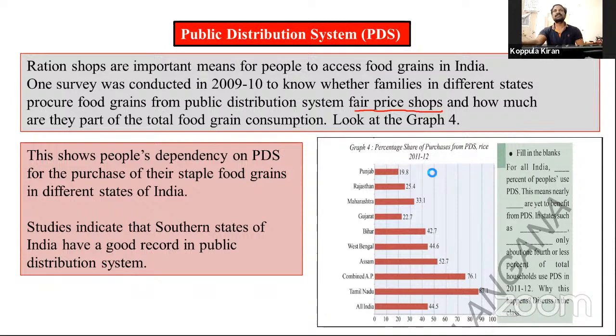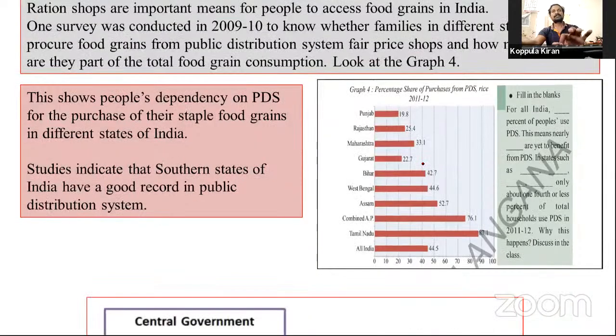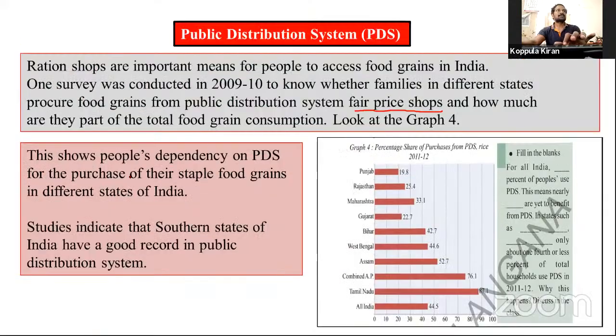Look at this graph. It shows people's dependency on PDS for the purchase of their staple food grains in different states of India. Studies indicate that southern states of India have a good record in the public distribution system.